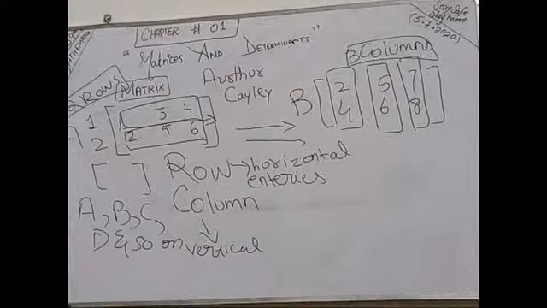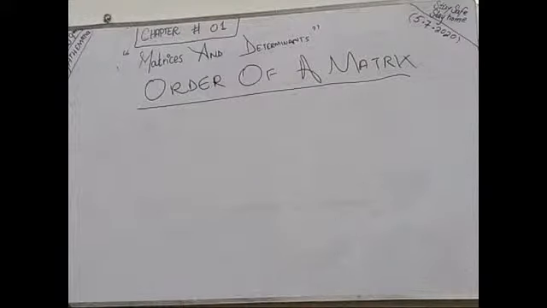Order of a matrix: the number of rows and columns in a matrix specifies its order.